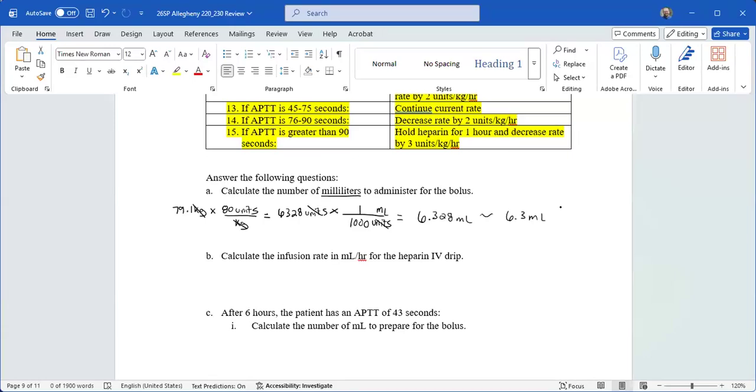So those of you, if you came in or you're jumping into this recording and you're like, wait, these numbers seem different. I changed the patient's weight to give us a different scenario because that's really all that's going to change on your test is how much the patient weighs, as long as it follows this protocol, which if you do a Google search for heparin protocol, this is what pops up. This is actually where I got it from.